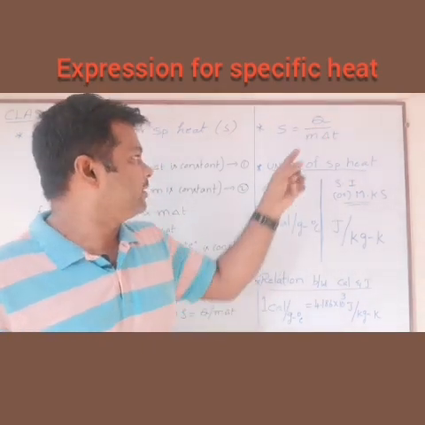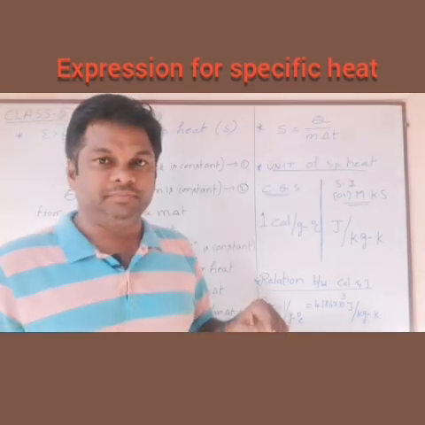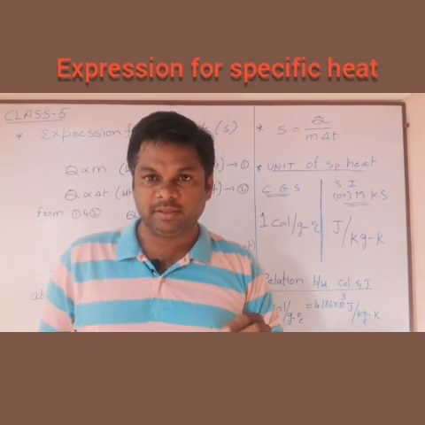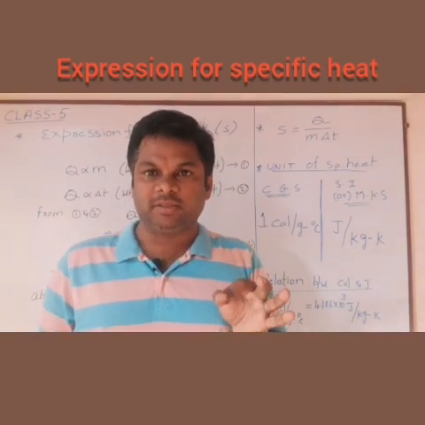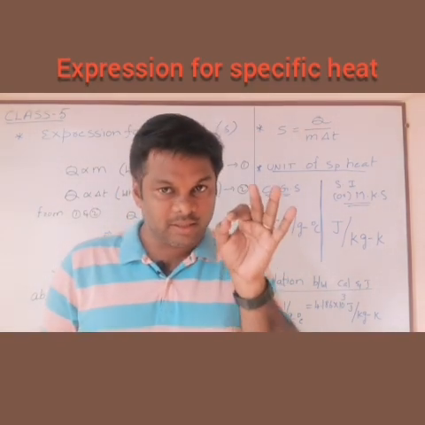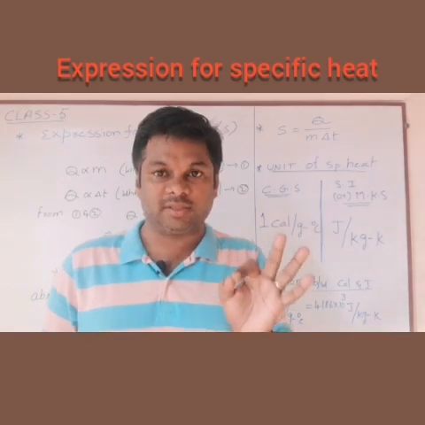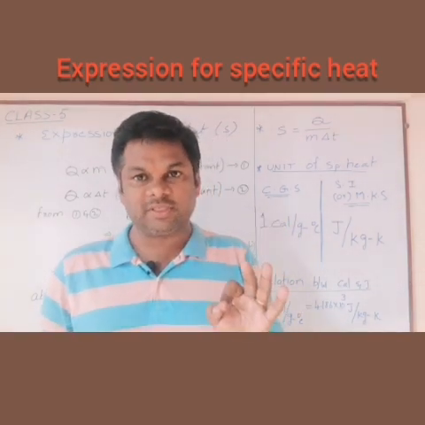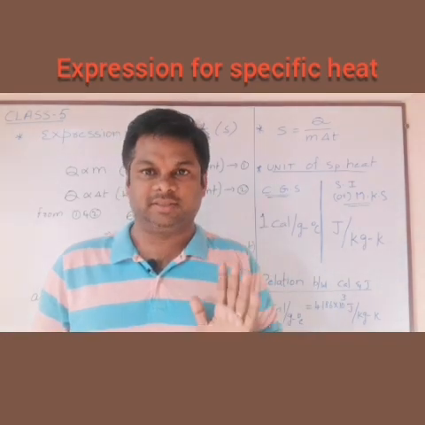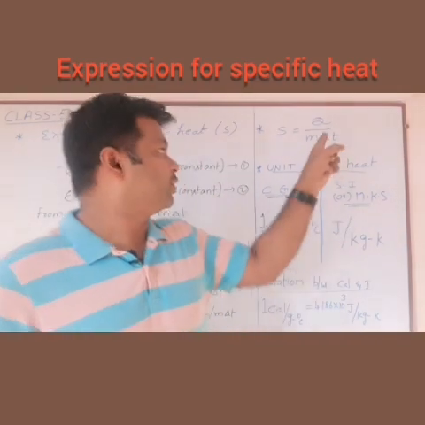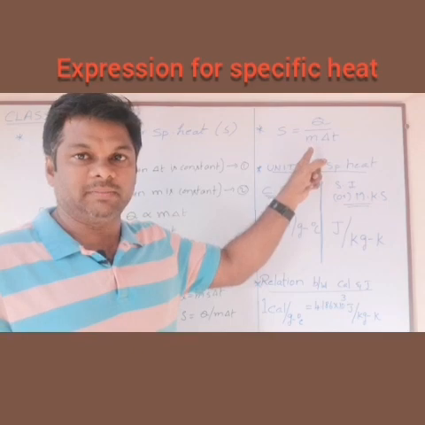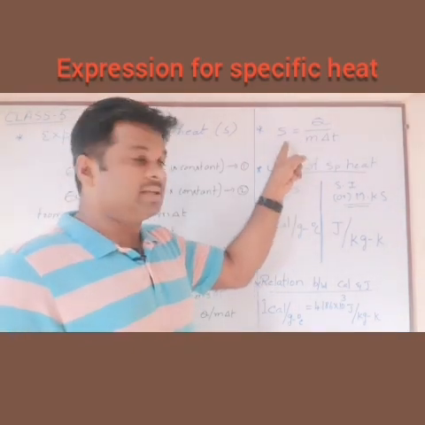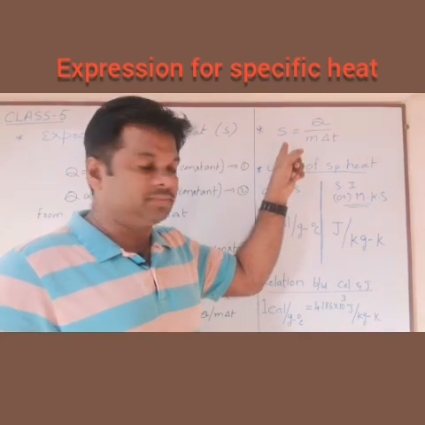Second point, delta T, drop in temperature. It means when any object loses its heat energy, the temperature of the substance decreases. I hope you got the explanation for this formula. S is the specific heat of the substance.